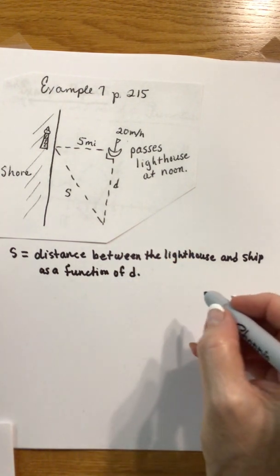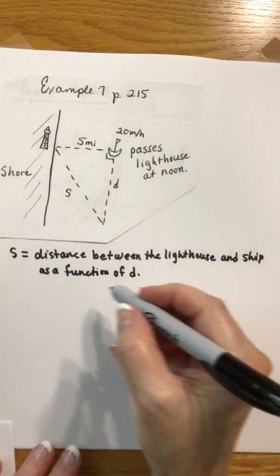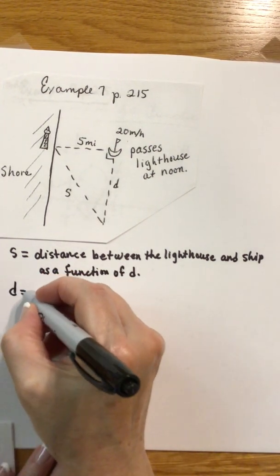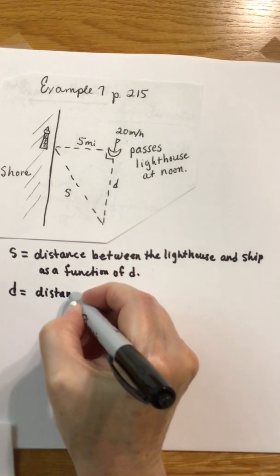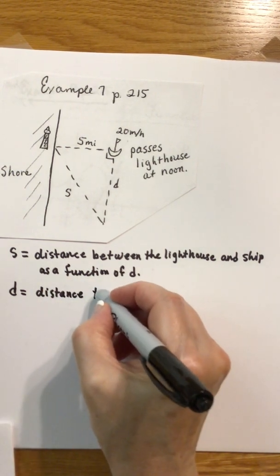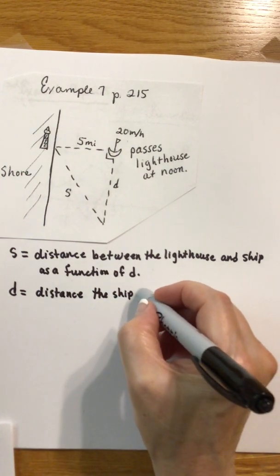All right, now we say it's as a function of d, but what does d mean then, right? So we're going to explain what d is. So d is the distance the ship has traveled since noon.